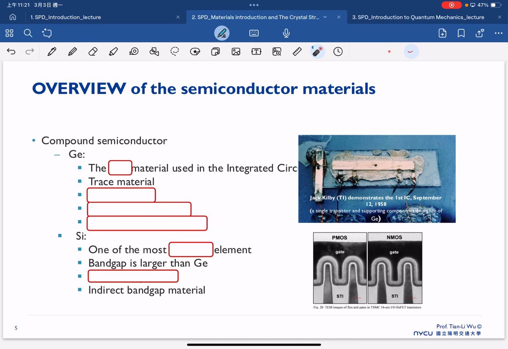So this is the elemental semiconductor. Germanium is the first material used in the integrated circuit, and it is a trace material. Germanium usually has the property of a small band gap, and also poor thermal stability.